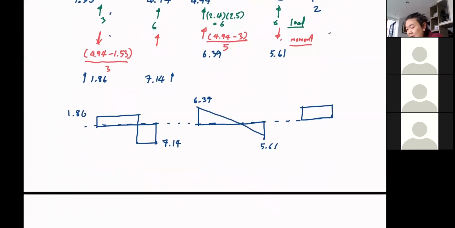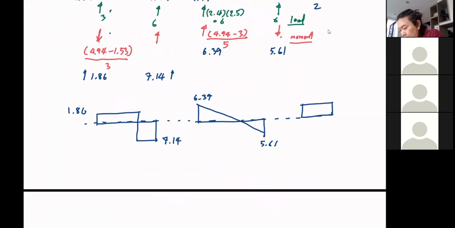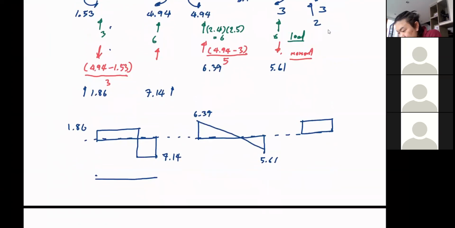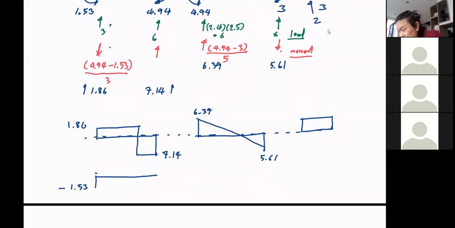And the bending moment diagram. You don't begin from 0, right? Because you have fixed end moment, so you have minus 1.53 here, and then you have another negative 4.94.